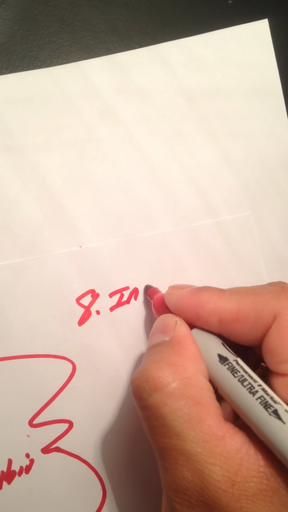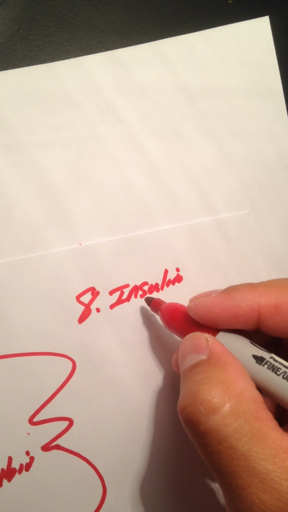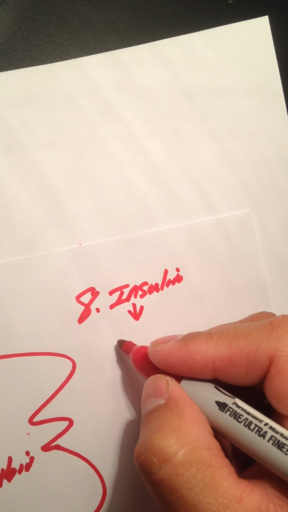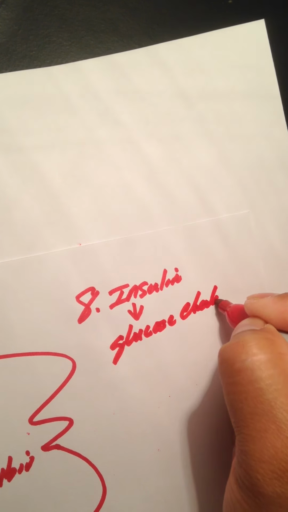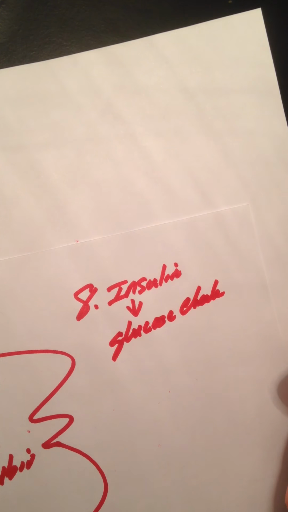Number 8. Insulin. Again, if the pancreas is no longer functional, you have to give that patient insulin to bring those high sugar levels down. Before you can do that, you're going to have to do a glucose check, glucose finger stick. Check those glucose levels. Are they really, really high?